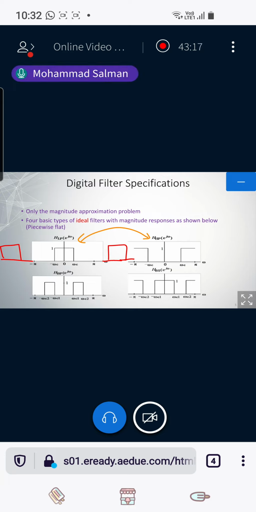They are actually complementing each other. In other words, I have 0 here where it's 1 there, and I have 1 here where it is 0 there. So mathematically speaking, how to find a relation between low pass and high pass?